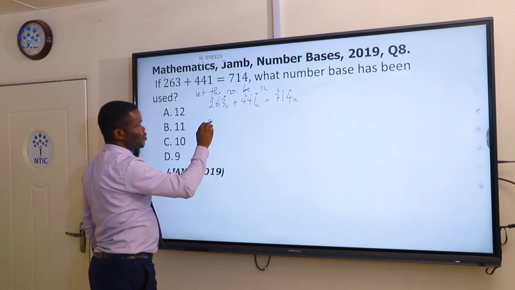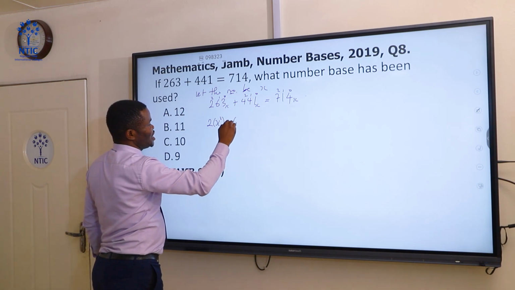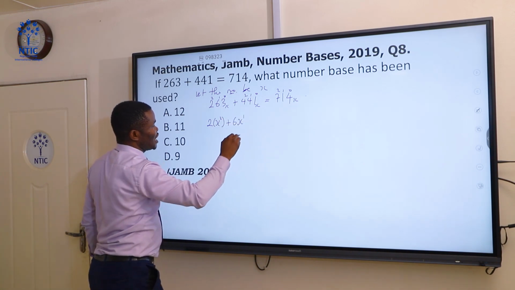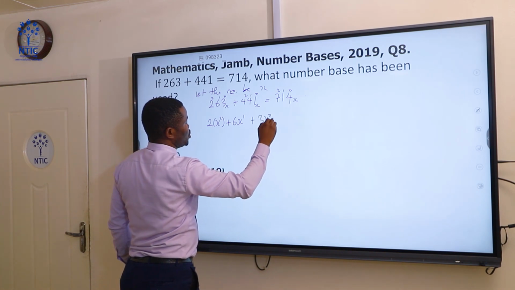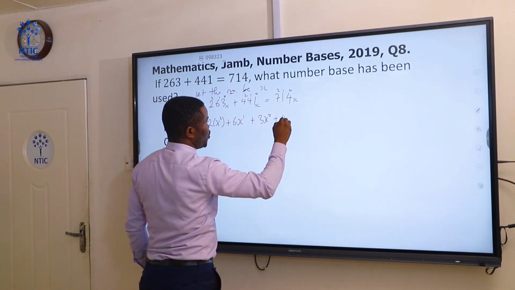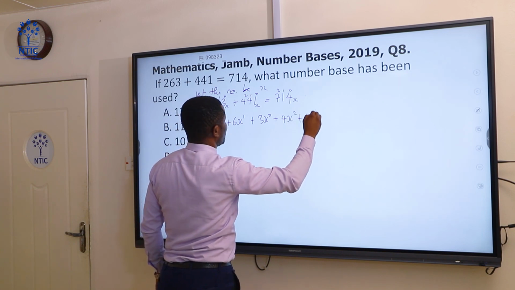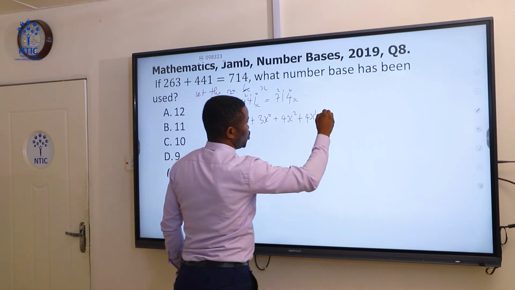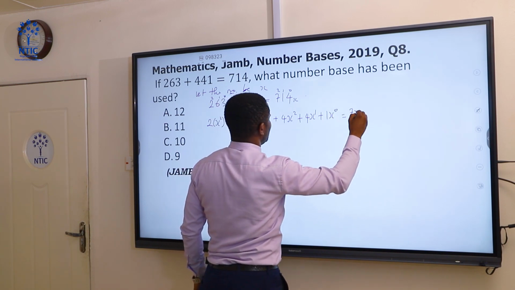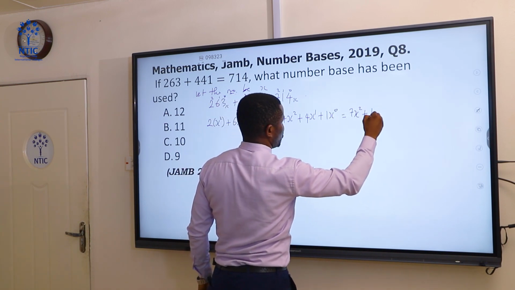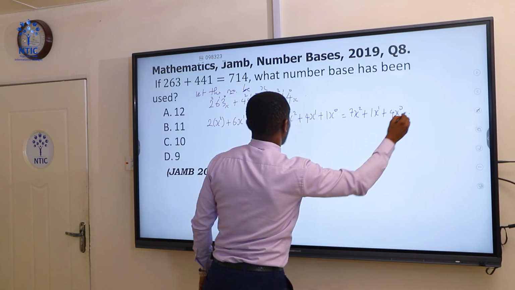Now, 2 times x raised to the power 2 plus 6 times x raised to the power 1 plus 3 times x raised to the power 0 plus 4 times x raised to the power 2 plus 4 times x raised to the power 1 plus 1 times x raised to the power 0 is equal to 7 times x raised to the power 2 plus 1 times x raised to the power 1 plus 4 times x raised to the power 0.